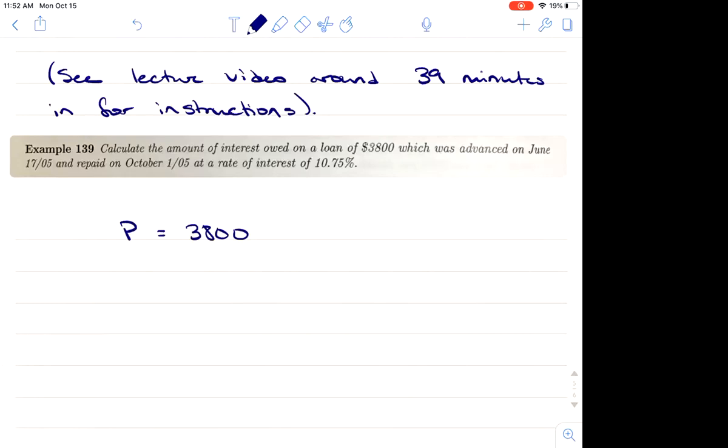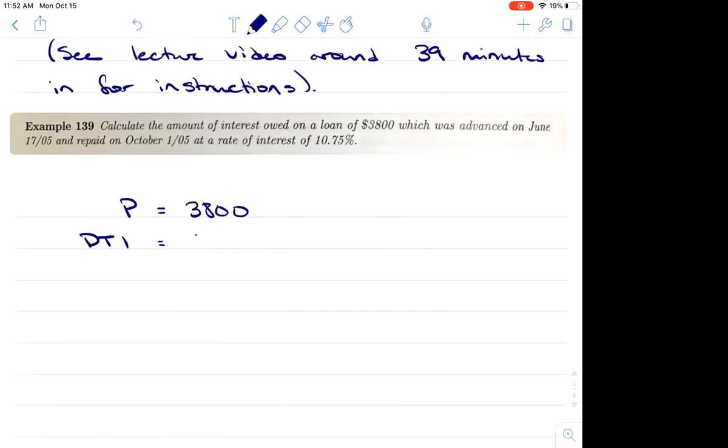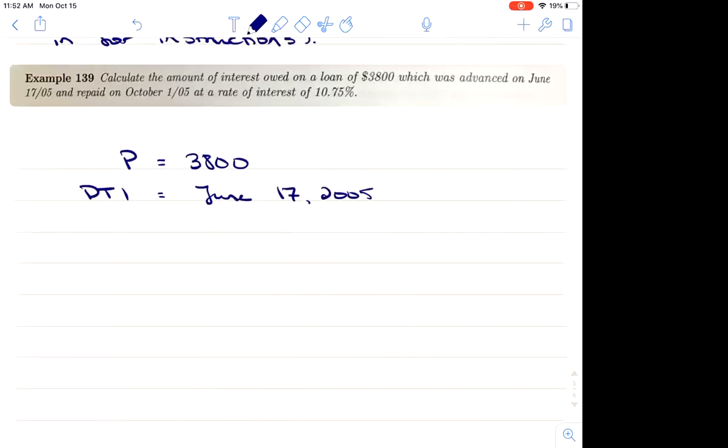So I'll use the notation that the calculator uses. So I'm going to say, okay, date 1 is June 17th, 2005. And date 2, we're told, is October 1st, 2005.